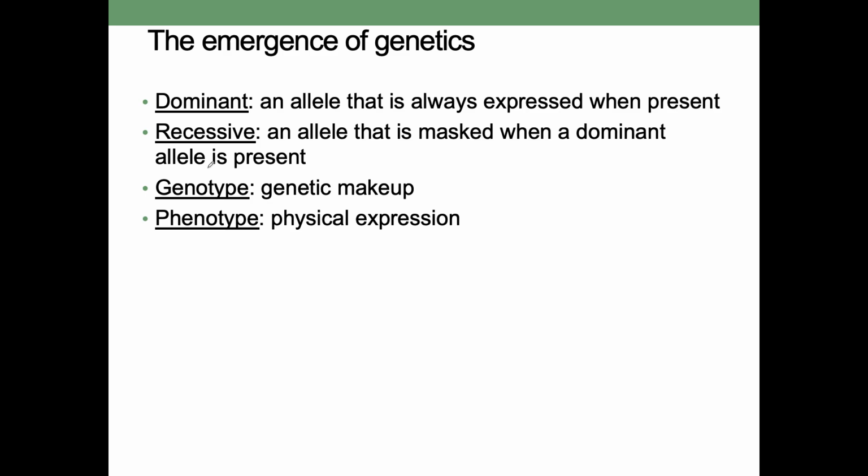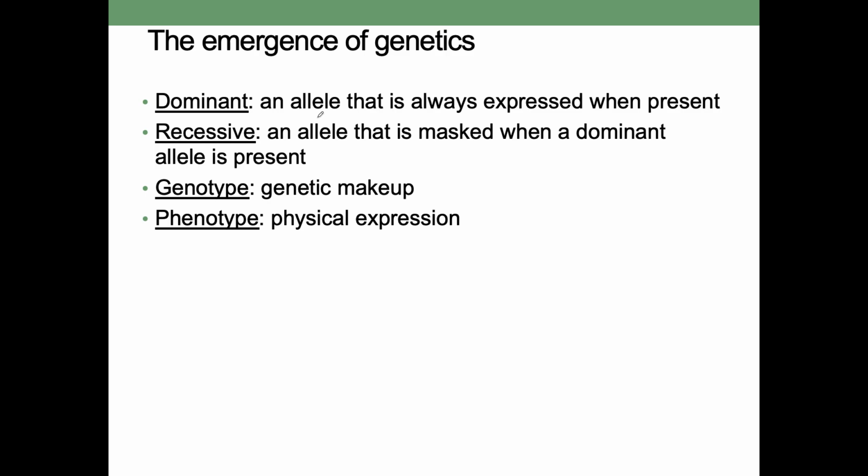And so the dominant one is an allele. An allele is just a variation of a gene. It's a gene that's always expressed when it's present in the genotype of an individual. The recessive allele or the recessive gene is one that's masked when the dominant allele is present in that individual.